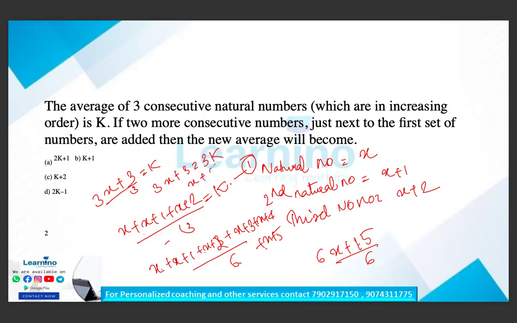So x plus 1 equals k. From the first set we get x plus 1 equals k.